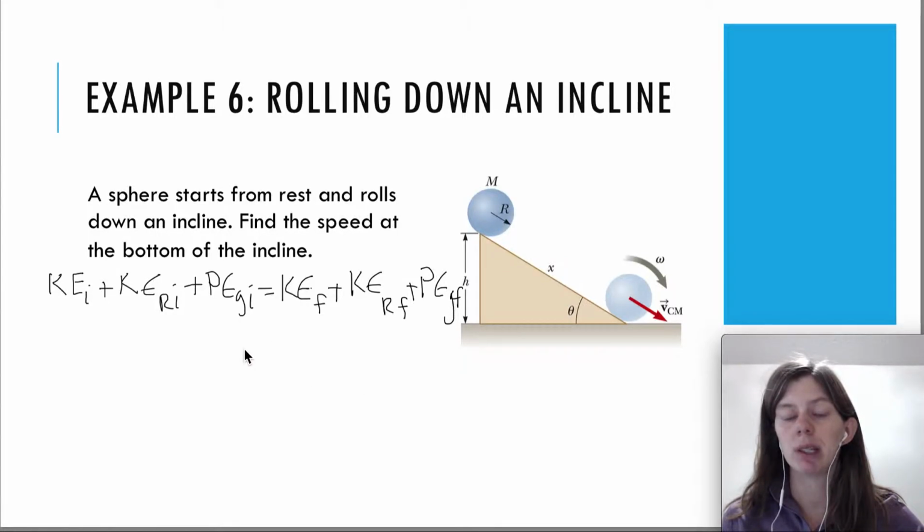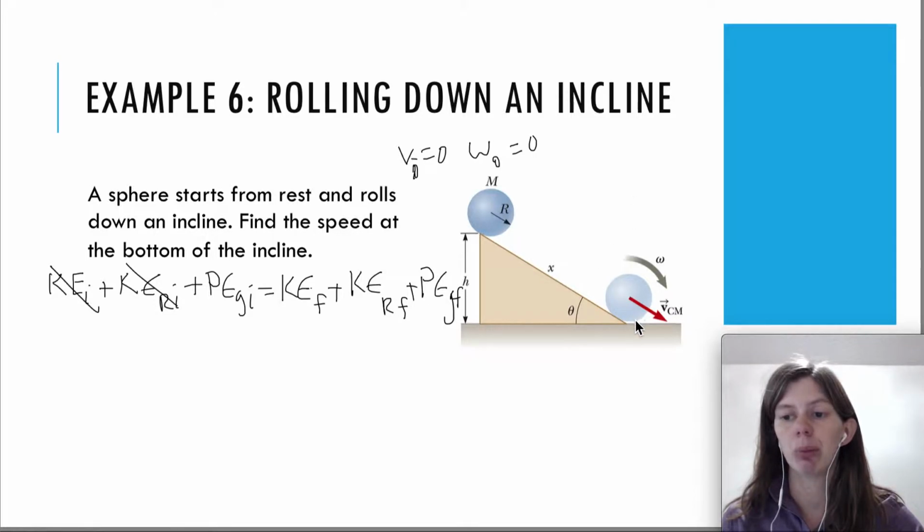We cross out what's equal to 0. The sphere is starting from rest, so v initial equals 0 and omega initial equals 0. So it has no kinetic energy.